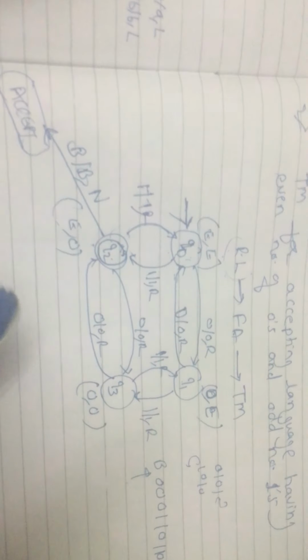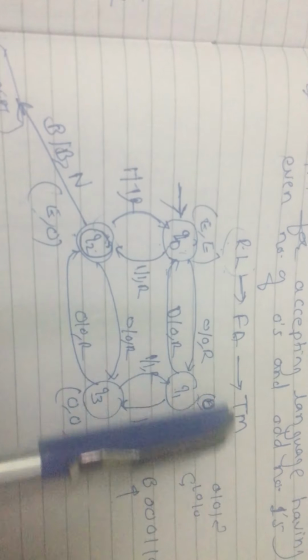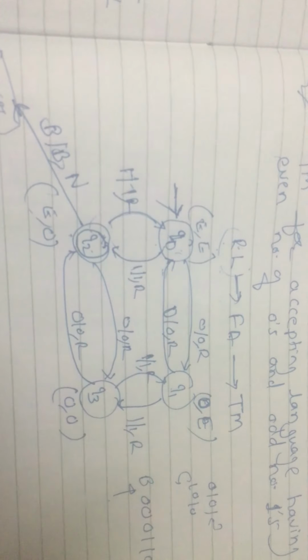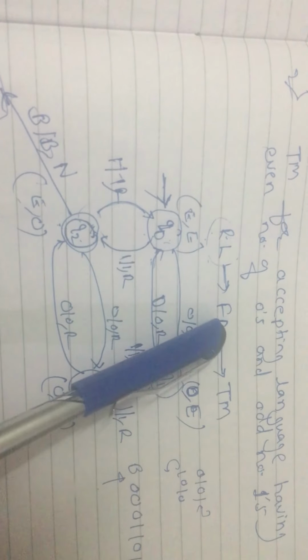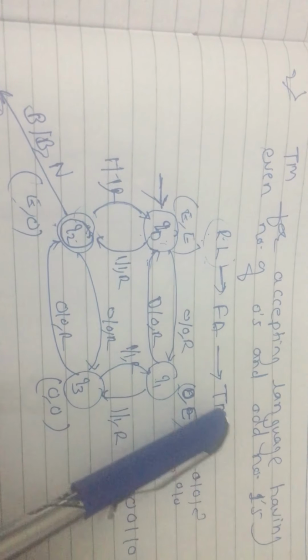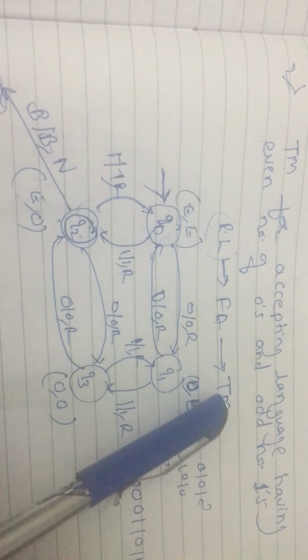So this is the transition diagram which accepts the language having an even number of zeros and an odd number of ones. Just remember this: first construct the finite automata, then convert all the transitions into the required format.